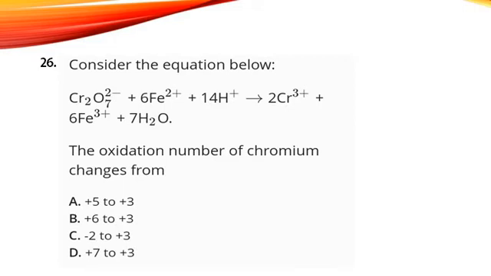So we're asked to find the change in the oxidation number of chromium from the left hand side to the right hand side. To do this, we need to consider these two species, the dichromate and the chromium cation on the right hand side. So we'll do a bit of calculation.